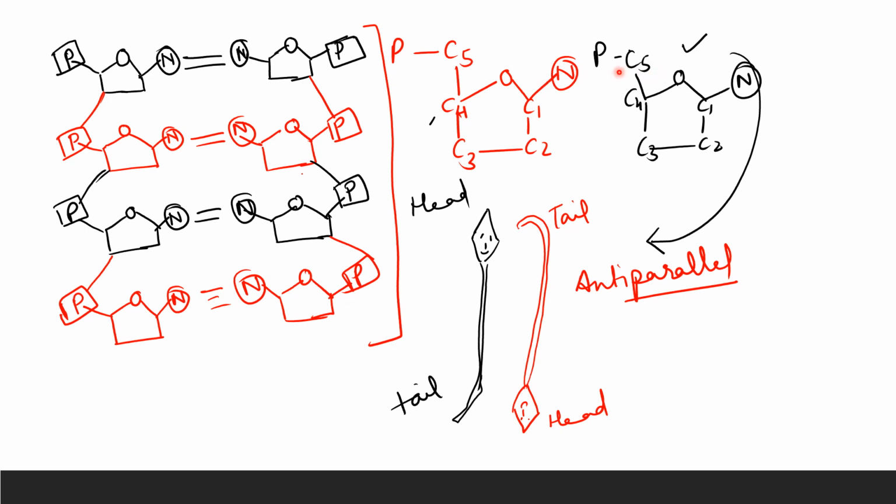Then we can make the bond, right? It will be easy for us to make the bond. Let's see it. All right, now let's make the two anti-parallel chains of DNA and understand the structure more clearly.